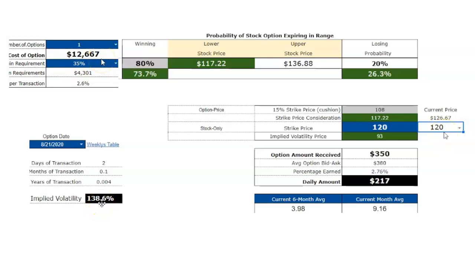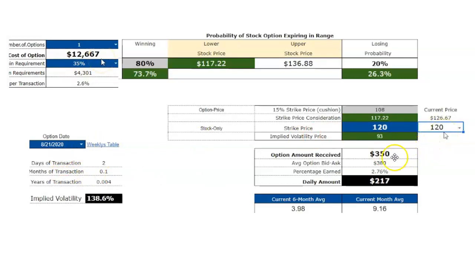So volatility was high. And all we needed to do was sell one lot, meaning 100 shares of this stock, the put. It would have cost us $12,667, the price of each share for 100 shares. And in return, if the price went below 120, what would happen is we would take hold of the shares at whatever price it would end up at the end of Friday.